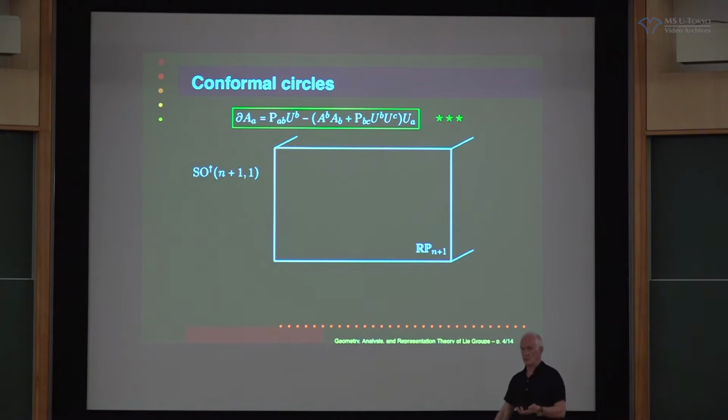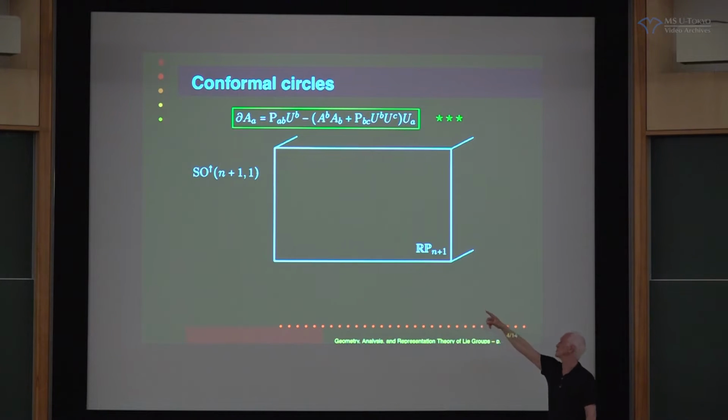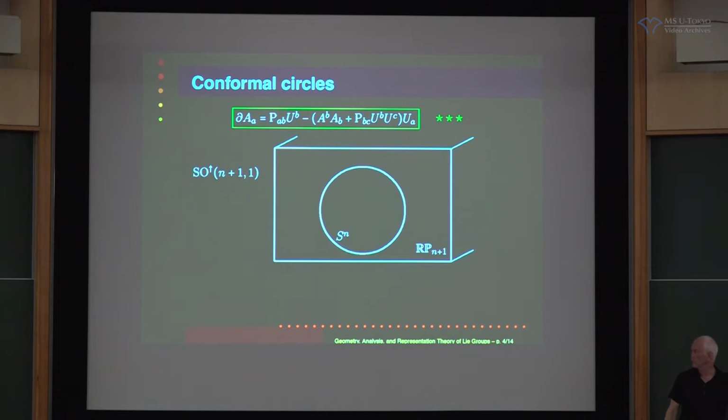So here is the best viewpoint of the sphere from a conformal point of view. You look at the group, this is my notation for the connected component of the identity of the Lorentz group SO(n+1, 1). If you let it act on R^(n+2) in the usual way, and therefore on the corresponding projective space, you find there are 3 orbits.